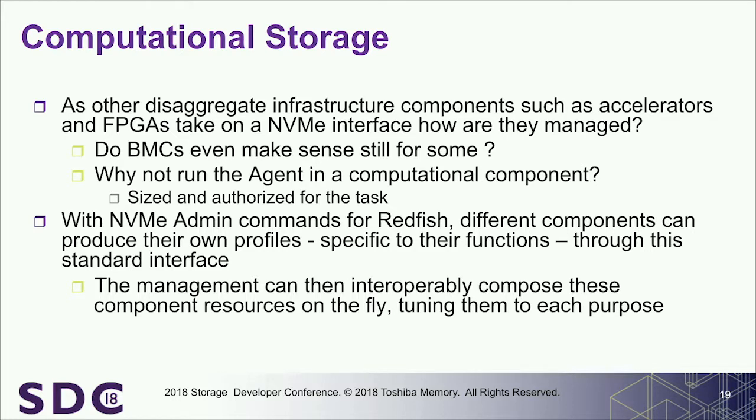If you manage them via this network, SMBus, I²C, that restricts them to maybe all being in the same enclosure. Do you want that? Even though you might have 5 enclosures, are you going to go to 5 different BMCs to create a picture of the whole system, or what, right? And so do BMCs still even make sense when you've got all these disaggregated components sitting on a fabric somewhere?